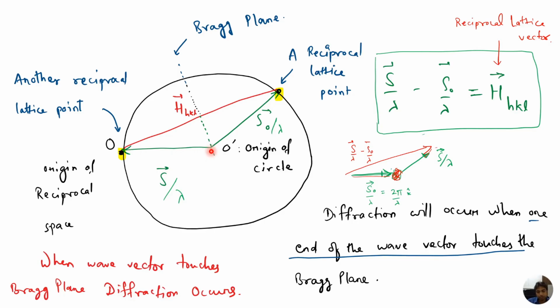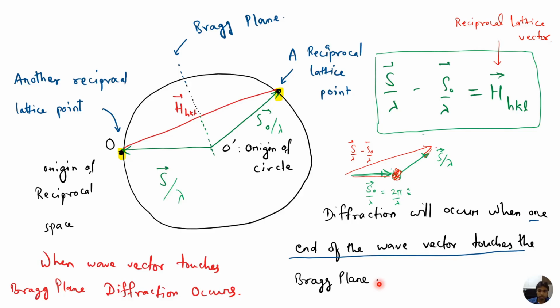So whenever the wave vector of the probe, and that probe can be anything, a light beam, electron beam, ion beam, anything, is drawn such that one end ends at the reciprocal lattice point and the other touches the Bragg plane, then diffraction will occur. So diffraction will occur when one end of the wave vector of the probe touches the Bragg plane. This is the key message of this particular slide.